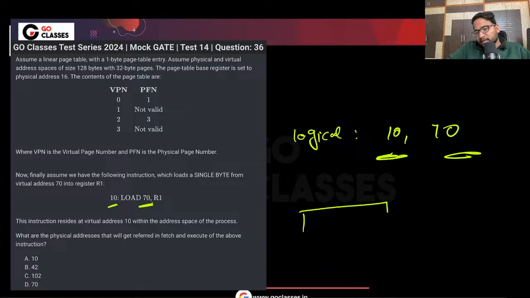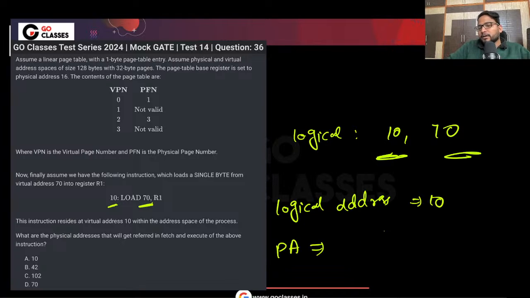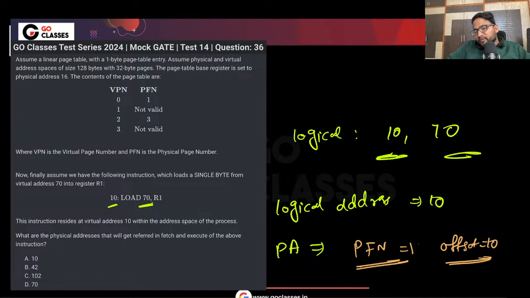So for logical address 10, the offset will be 10 itself, and the physical frame number is 1. If the physical frame number is 1 and the page size is 32 bytes, you need to multiply, and I'm doing it a little quickly, but I hope that's fine. 32 plus 10 will be 42.